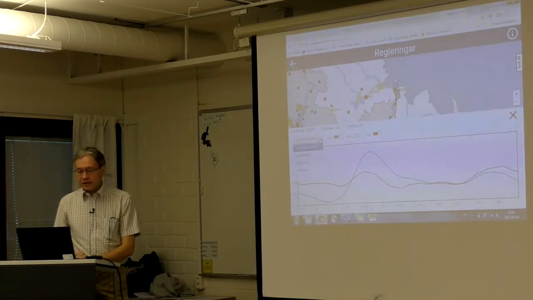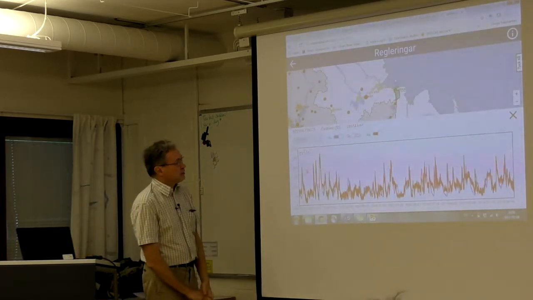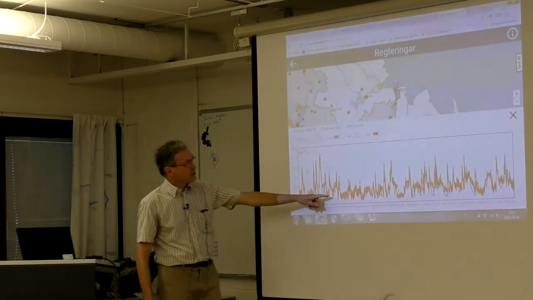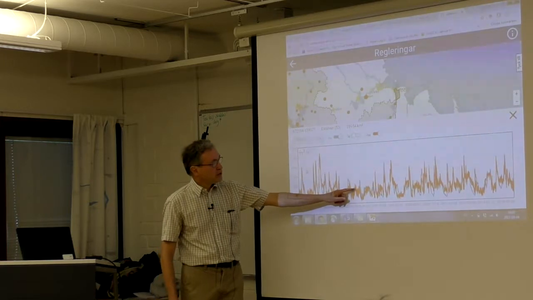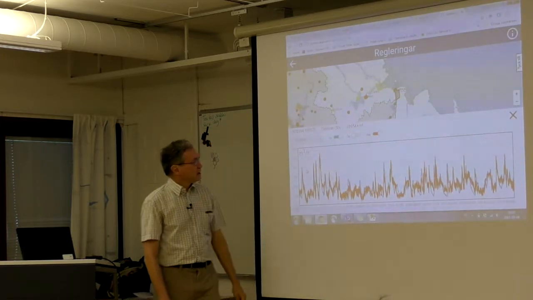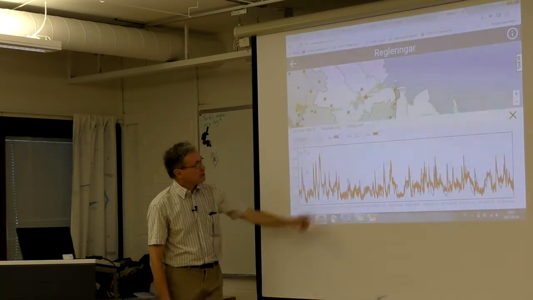It's predefined here for the seasonal distribution. It's perhaps easier to understand if you look at the time series. So you have a very scattered regulation flow. The regulated flow, the real flow is the red one, and the modeled is the gray flow here.